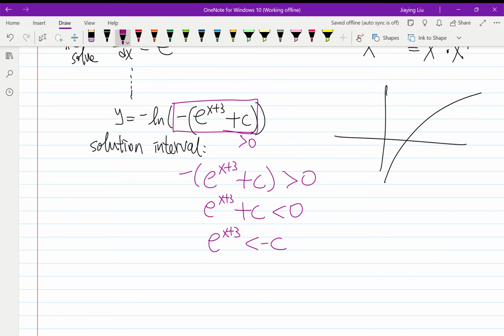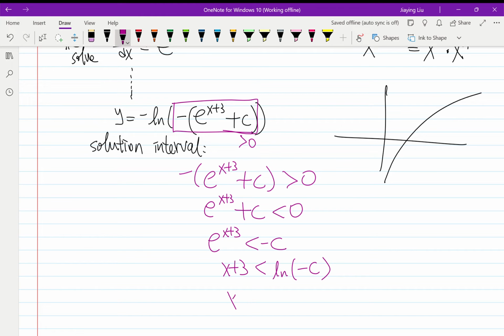Now, how do we get x out of here? It's an inequality. We could take the natural log on both sides to get rid of this base e. The reason we can do that is because the natural log is a continuous, increasing function. If the input is smaller, then the value will be smaller. If the input is bigger, the value will be bigger. So just apply the natural log to both sides. We get x plus 3 is less than natural log of negative c.